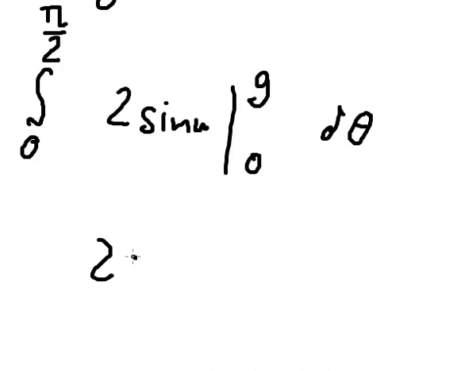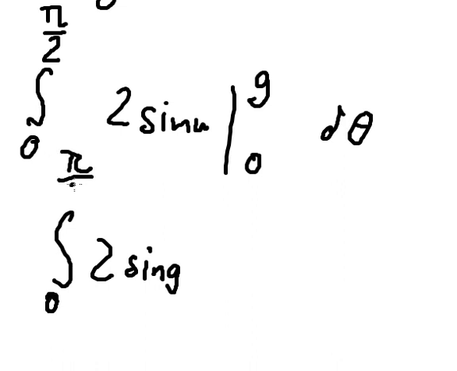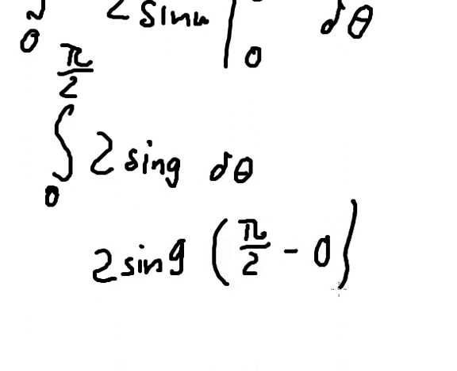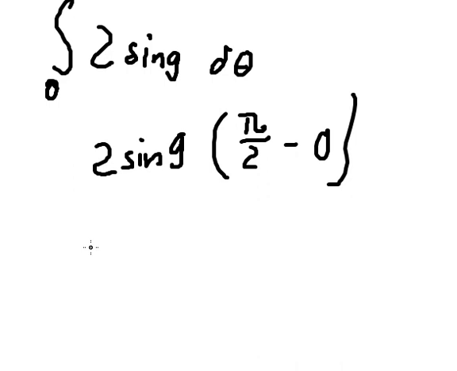So we have 2 sine of 9. Sine of 0, you got 0. And now we have the final answer. And this one we have pi sine 9.